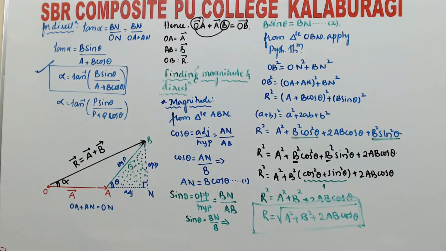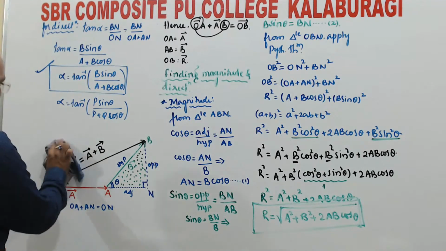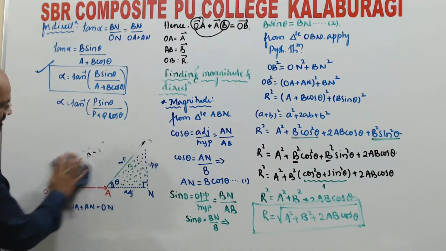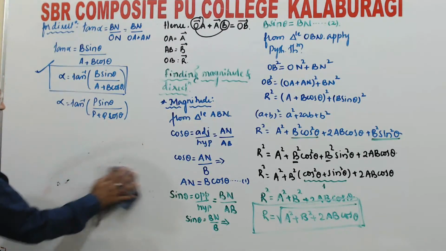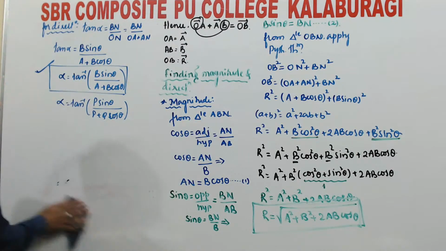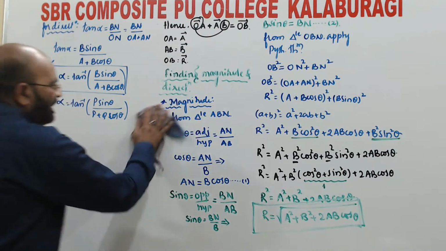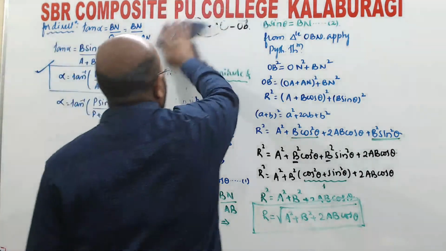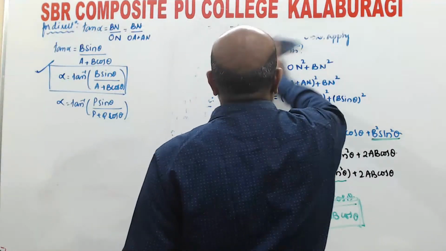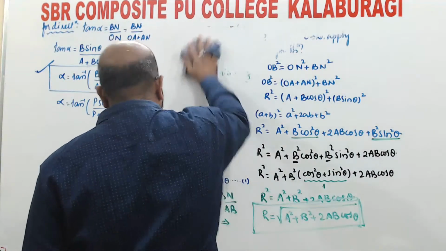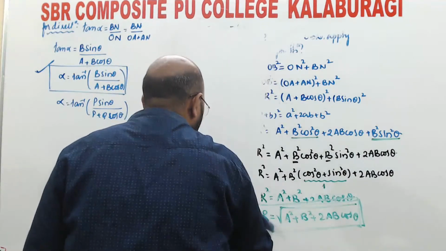Next we have the special cases related to vector addition. When two vectors are moving in the same direction, in the same plane, same direction means theta will be equal to 0.